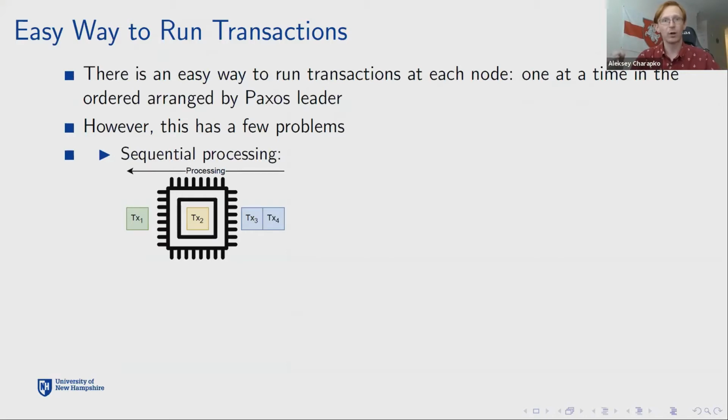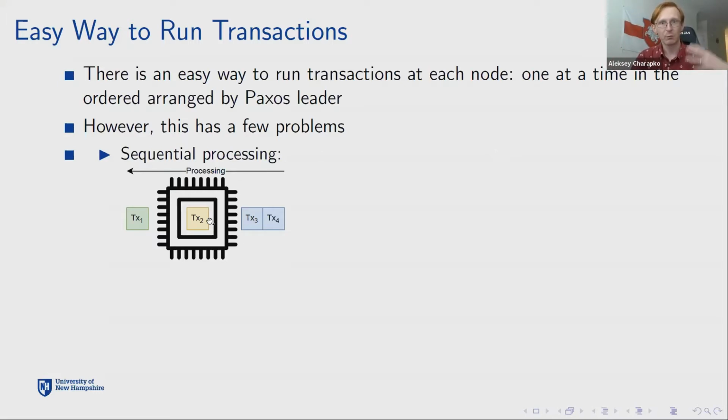The problem number one is, of course, the fact that we need to sequentially process these transactions one at a time, right? So if we have transaction 1, then each node needs to finish transaction 1 before it can start transaction 2. So these nodes, when they have replicated all these transactions, run at their own pace, but they run this sequentially.